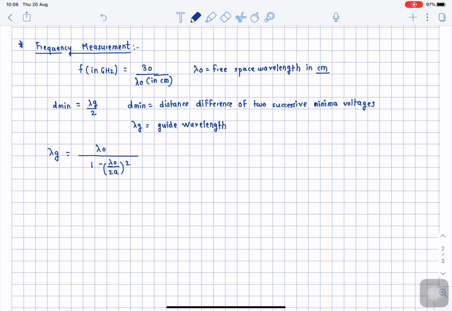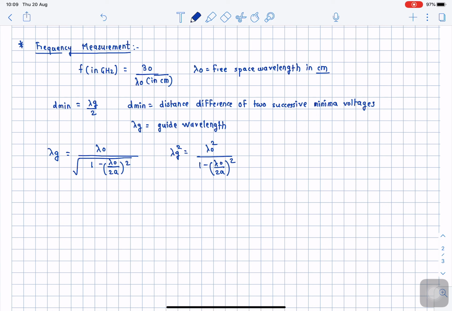This is the equation to calculate the guide wavelength. If we square both sides, we get lambda g square equal to lambda 0 square divided by 1 minus lambda 0 by 2a, whole square.